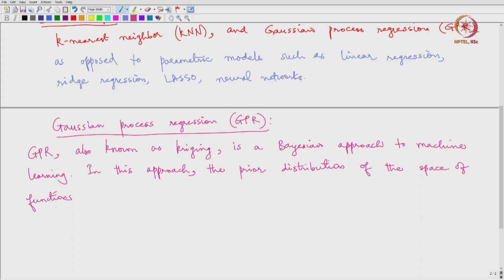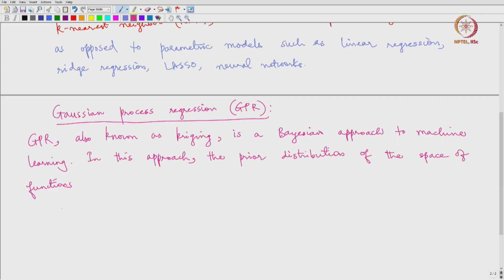This is something we have discussed many times before, and the prior distribution of the space of functions in which this function approximator lies is assumed to be a Gaussian process, GP, and that is where the name Gaussian process regression comes from, right.